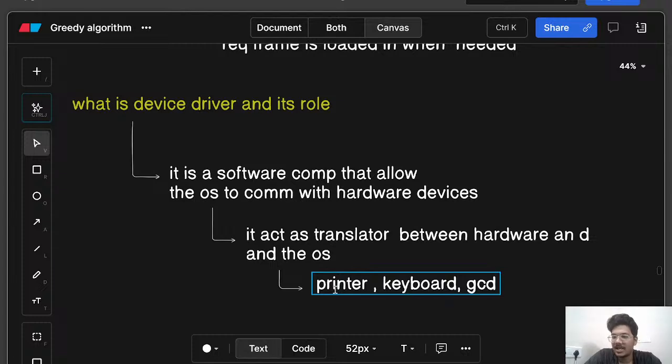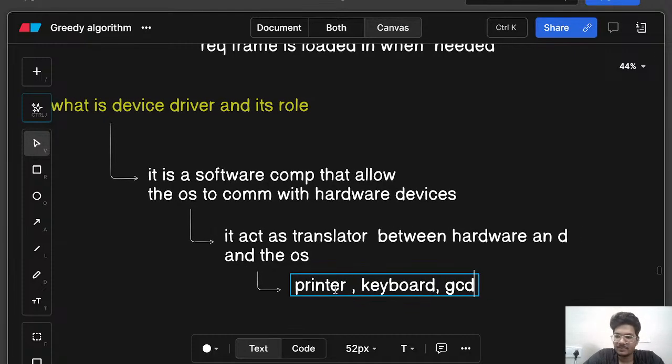Its role is to act as a translator between the hardware and the OS, converting commands into low-level hardware instructions, handling device-specific operations like reading, writing, and controlling, and enabling plug and play, allowing hardware to work without modifying the operating system. Completing the question on the device driver, we move forward to the next question.